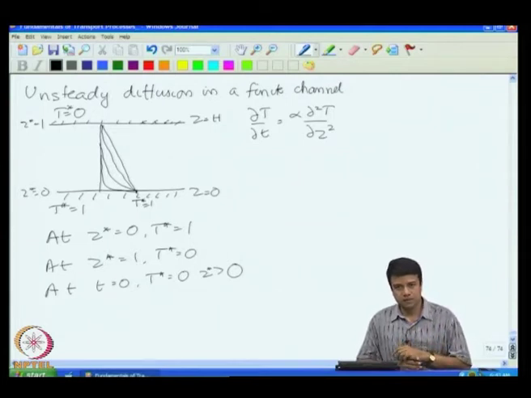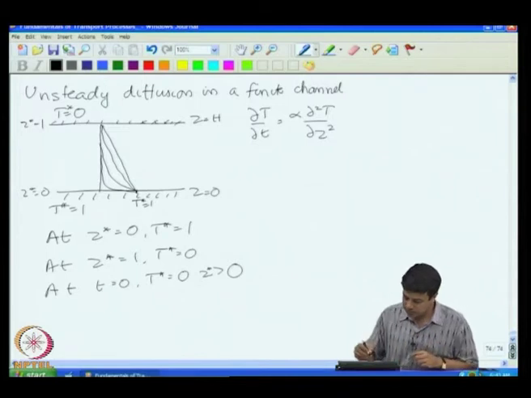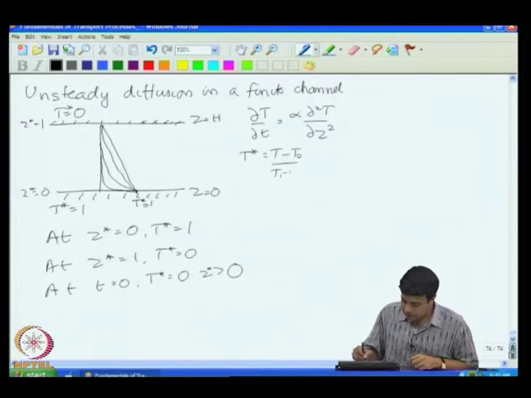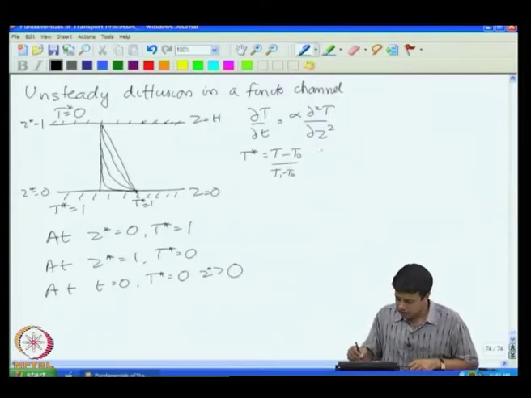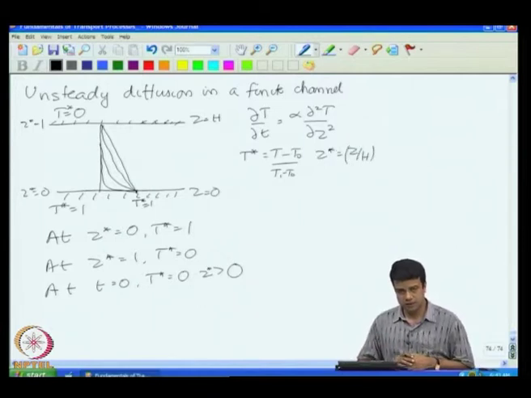In the previous example, there was a deficit of dimension. So, there was only one similarity solution. In the present example, one can find sufficient dimensions because it is always possible to non-dimensionalize z by h. So, I define T star is equal to T minus T naught by T1 minus T naught, and z star is equal to z by h. So, that z is equal to h times z star.